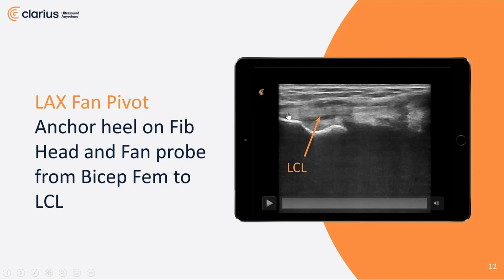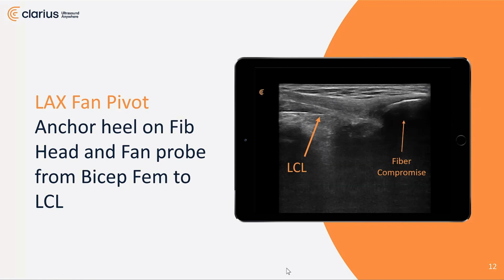So here we see the fibers of the lateral collateral ligament, but we also see something showing up here down at the end. There is clearly a cleft between the fibers of the lateral collateral ligament and the continuation of fibers to the fibular head.